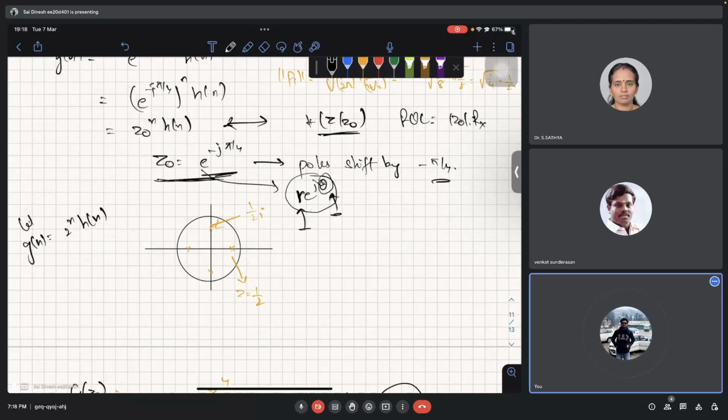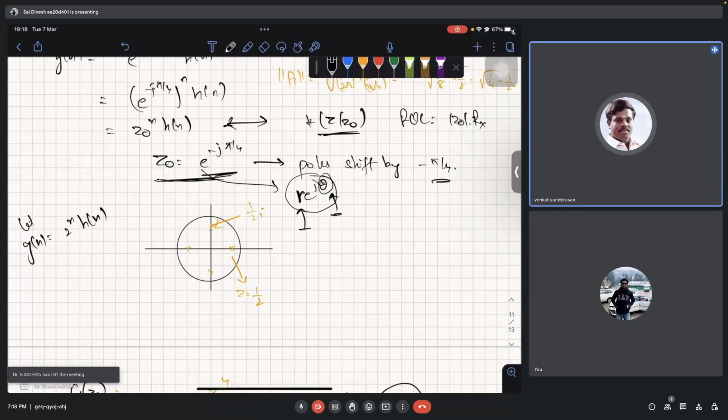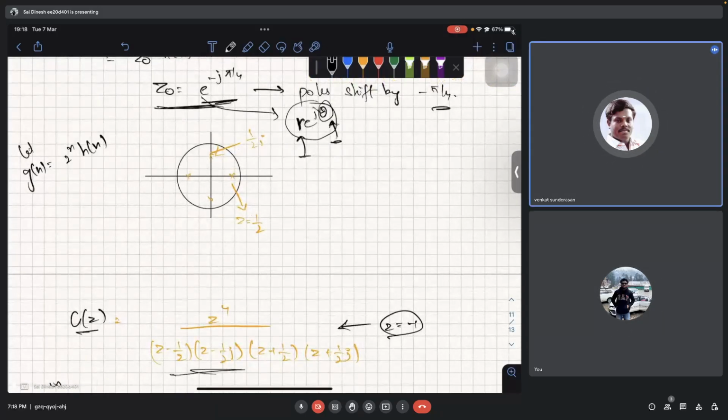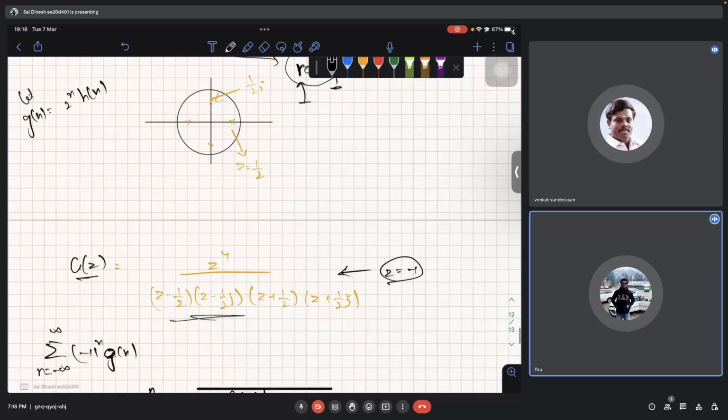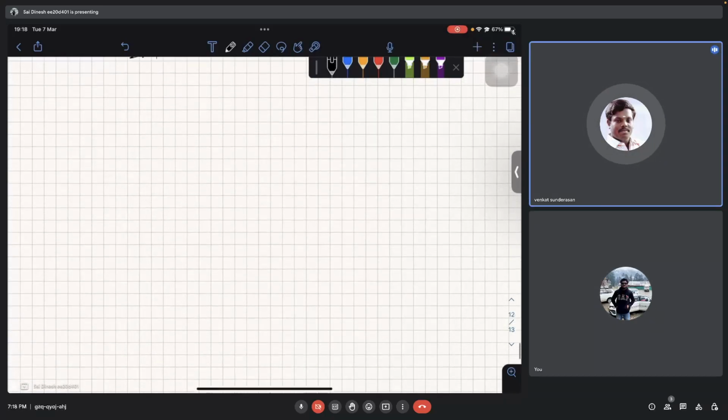Clear? Because you got the magnitude 1 by root 2, is it not, sir? Yes, that is also a way to convert. Minus pi by 4 is just shifting the poles by 45 degrees.